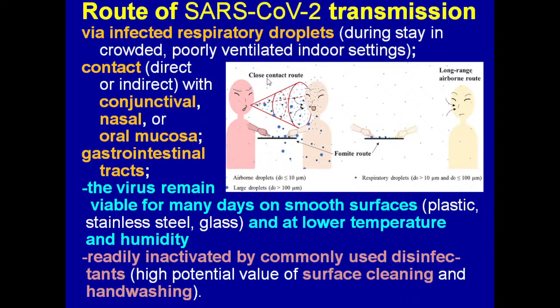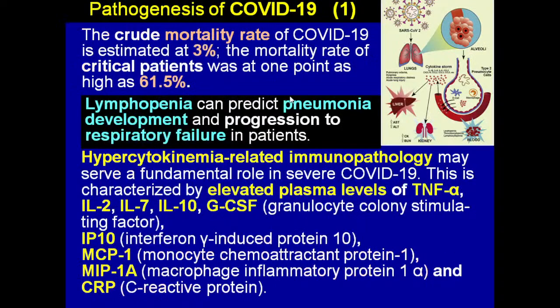Because this only partially infects directly from person to person. Then pay attention to the fomite route, through hands, and then also we may get long range airborne routes with the respiratory droplets larger than what we have for the close contact.